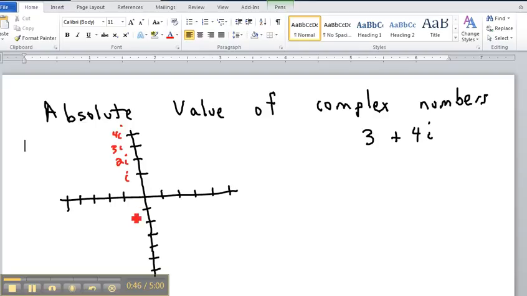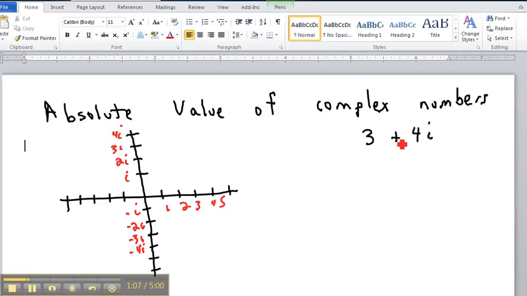If I go down, negative i, negative 2i, you get the point. Negative 3i, negative 4i. Here are just real numbers, 1, 2, 3, 4, 5. Over here your negative values, okay?